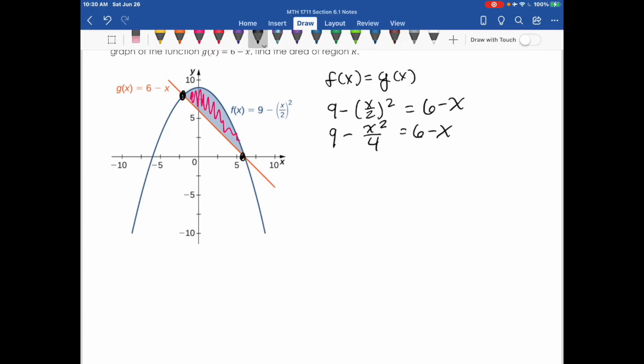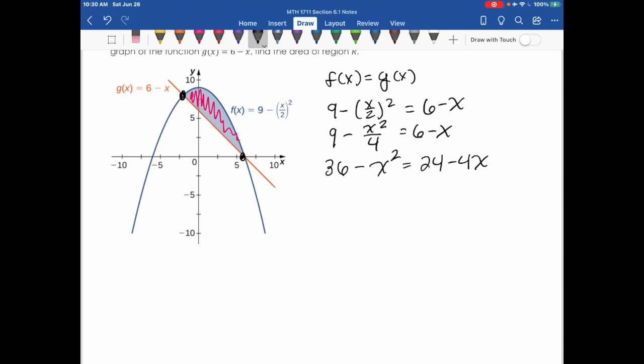I think what I'm going to do next, since I prefer working without fractions, is clear out that fraction of 1/4. That's more of a preference. If you don't mind working with fractions, you can leave that in. I'm going to go ahead and clear everything by multiplying every term by 4. So that's going to give me 36 minus x squared is equal to 24 minus 4x.